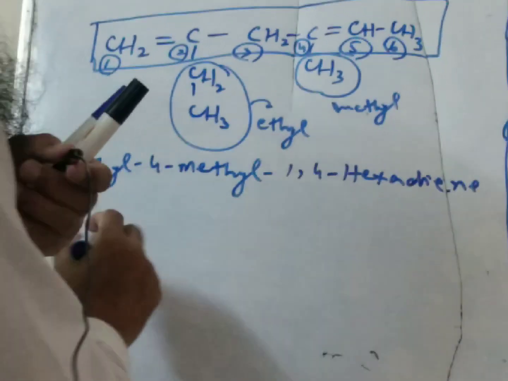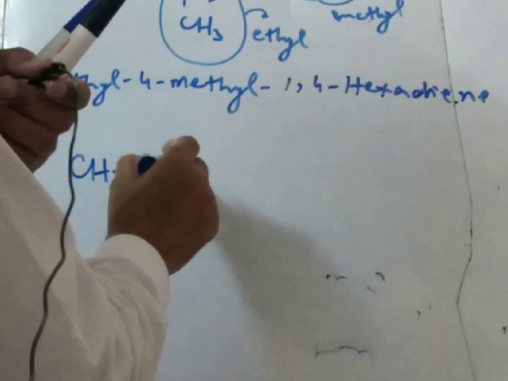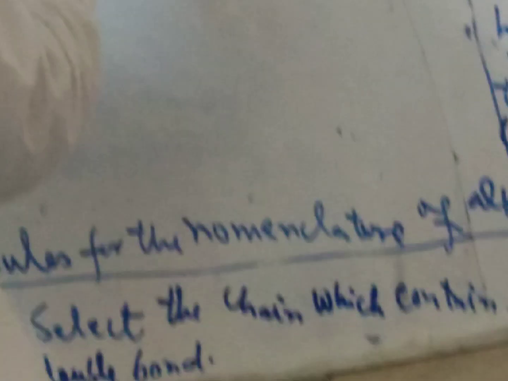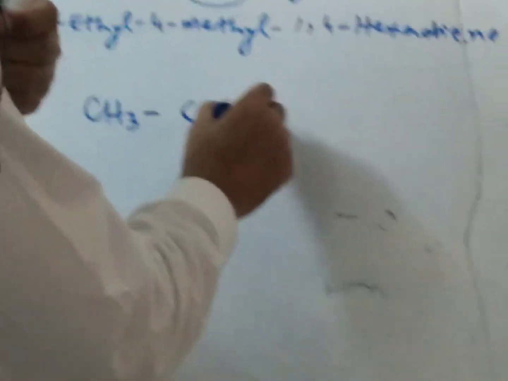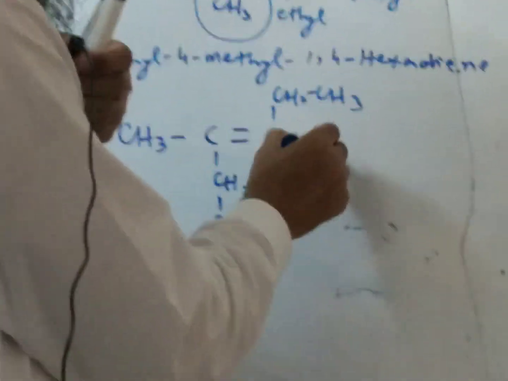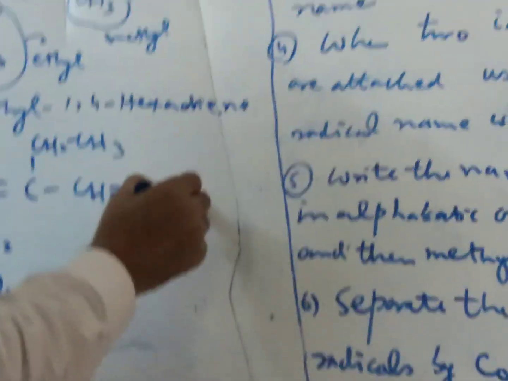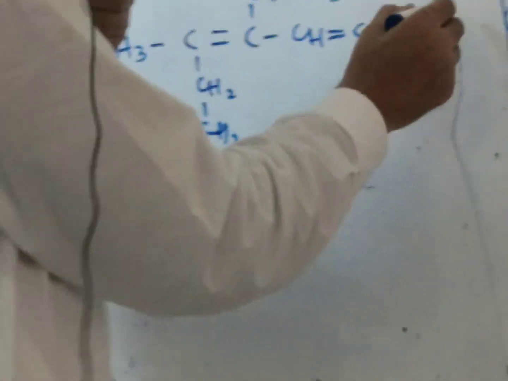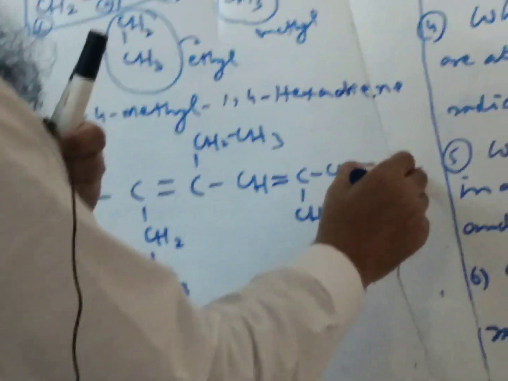Similarly, we can say, if we have a compound, for example, CH3, C, double bond, this is the CH2, CH3, this is the CH2, CH3, CH, double bond, C, CH3, this is the CH2, and then this is the CH2.